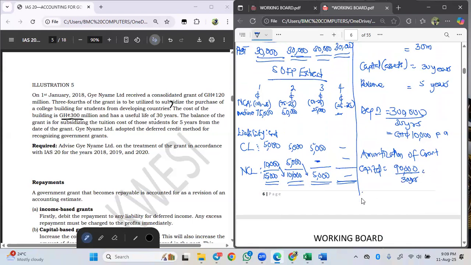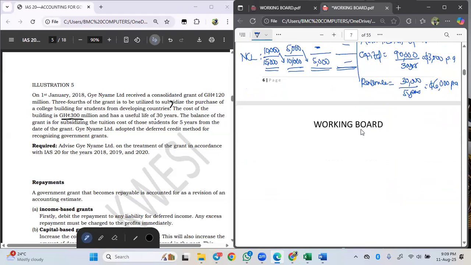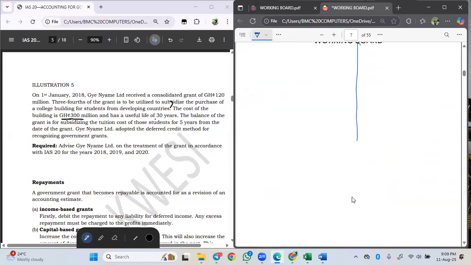So this one is 3,000 per annum. For the revenue, 30,000 over 5 years is 6,000 per annum. Okay, let's move on. So first of all, let's look at the P&L extracts.